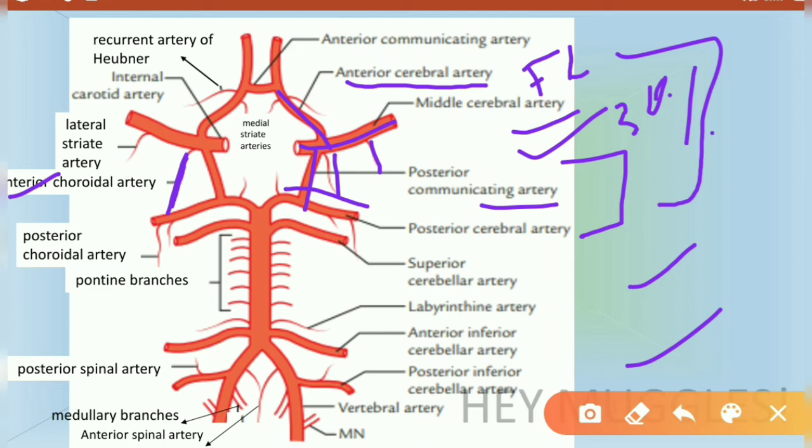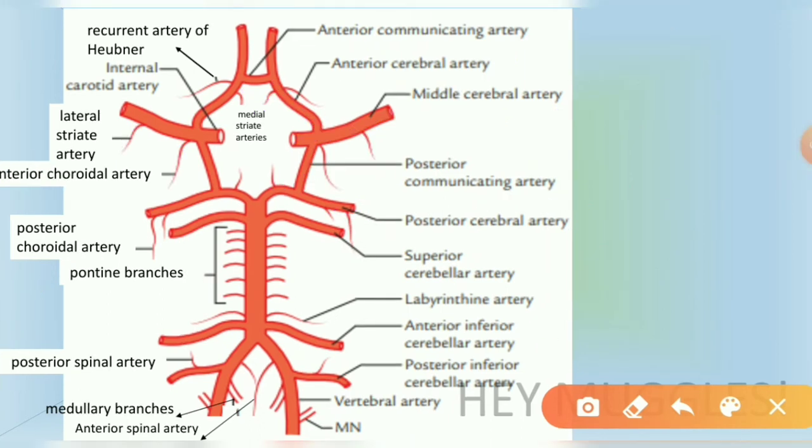And similarly we have the posterior choroidal artery also, which arises from your posterior cerebral artery. The posterior cerebral artery is a branch of your basilar artery, right? Then we have some striate branches, lateral striate branches and medial striate branches, right? These are basically some small branches. There is one more important branch which is not marked in this diagram, that is your ophthalmic artery.